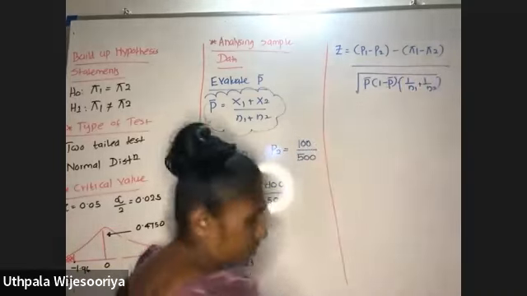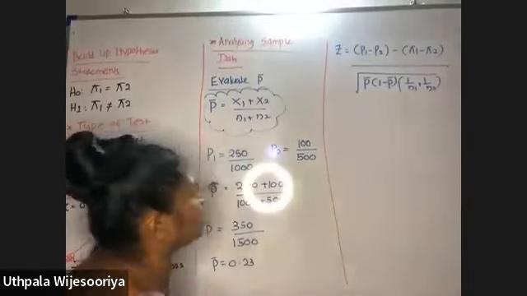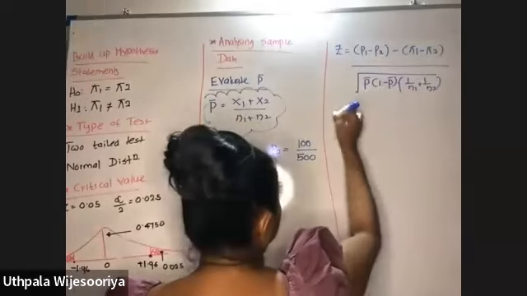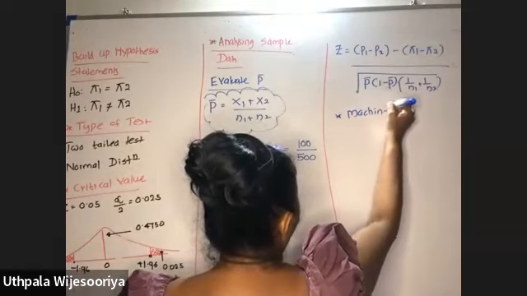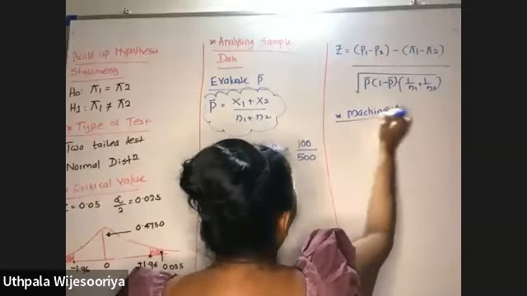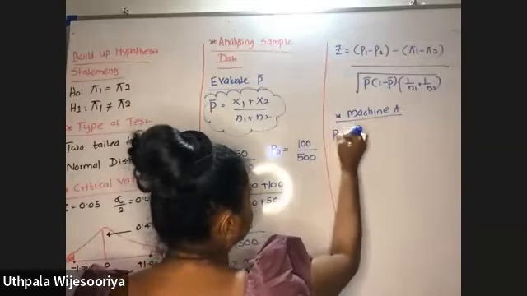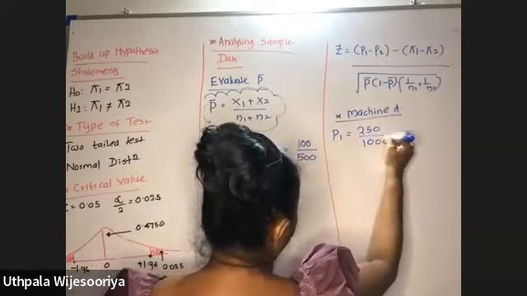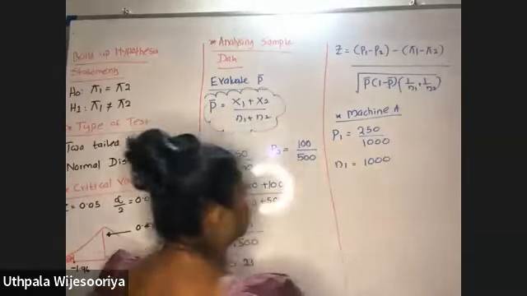Now this is your Z value. Machine A: P1 is 250 over 1,000, n1 is equal to 1,000.